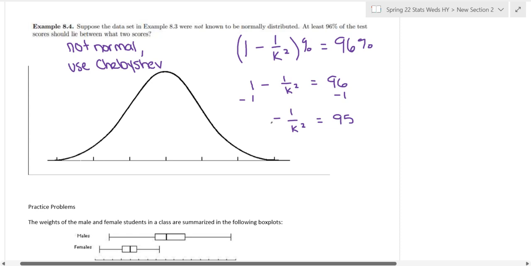Move that k squared out of the denominator. I get negative 1 equals 95 times k squared. Divide by 95. I get negative 1 over 95 equals k squared.